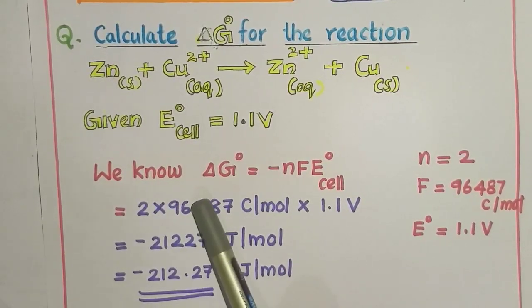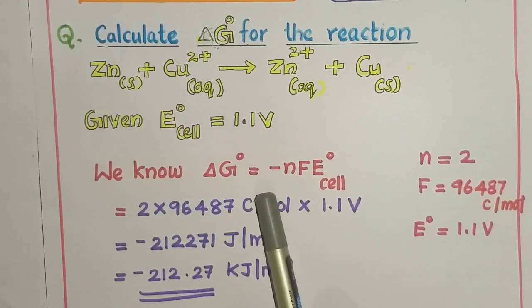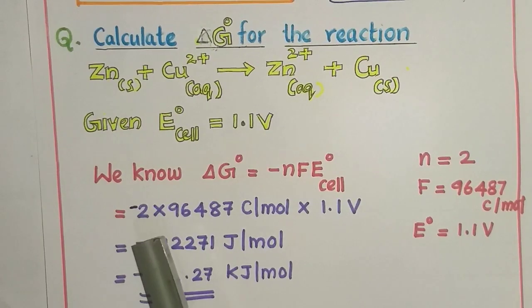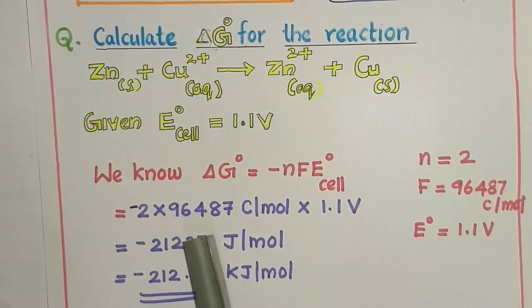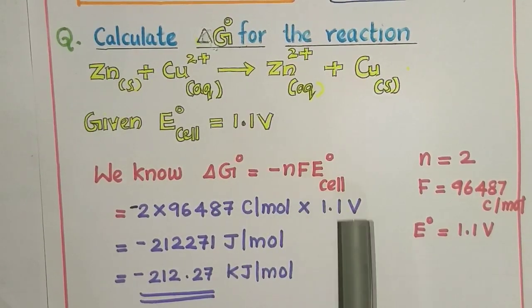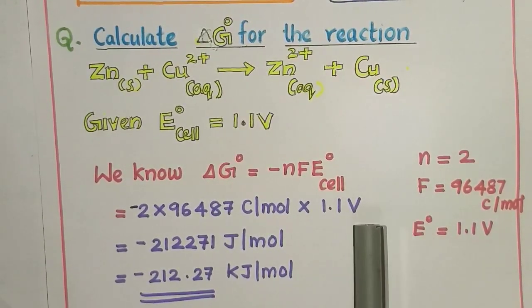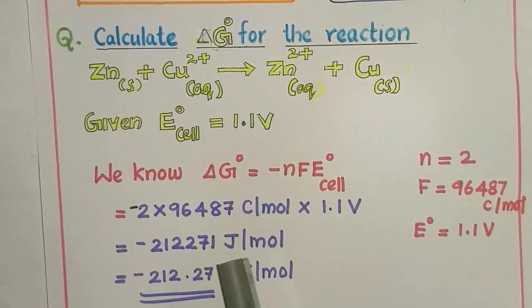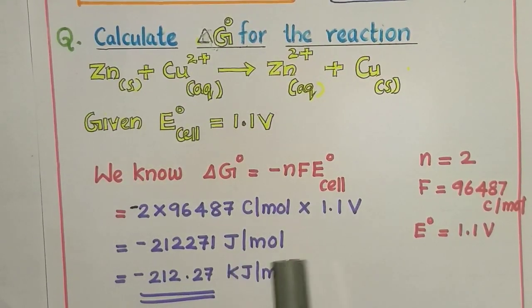Then we know that delta G0 is equal to minus nF E0 cell. Substitute the values, then we get minus 2 into 96,487 coulomb per mole into 1.1 volt. Then we get the value 2,12,271 joule per mole.